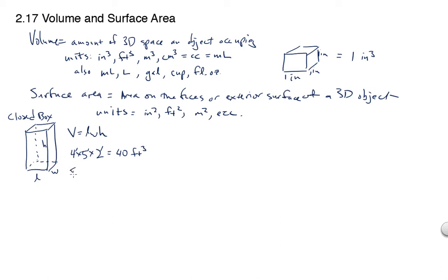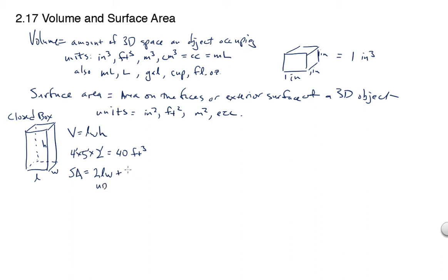The surface area, on the other hand, is the sum of all the faces of this closed box. So you'd have the area of the bottom face. Well, that would be length times width. But the area of the top face is the same as the bottom face, so you just have two of those. So we have the up face and the down face.